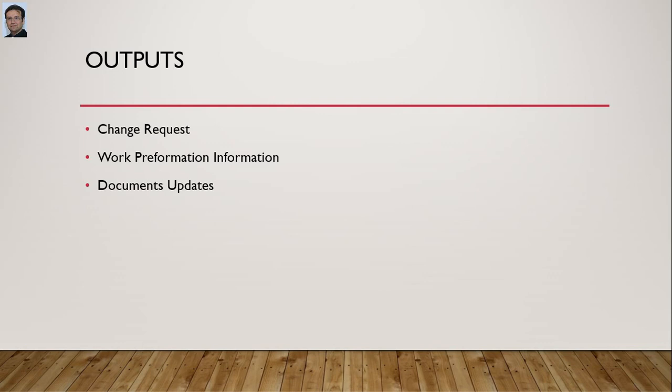And you will update project management plan and project documents as well, which include the resource management plan, schedule baseline and cost baseline, physical resource assignment, resource breakdown structure, risk register, and lessons learned register. So you will update these documents at this stage.